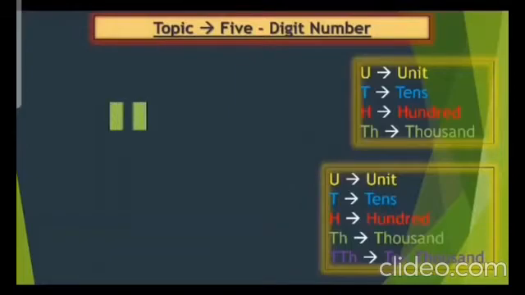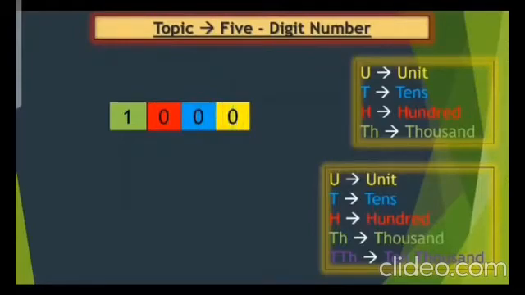In the four-digit number, 1000 is the smallest four-digit number. Okay, we write on that U for units, T for tens, H for hundreds, and TH for thousand.